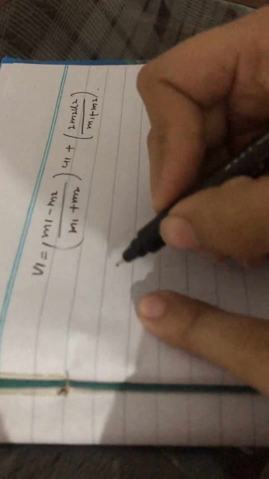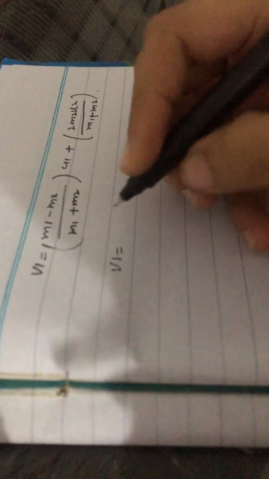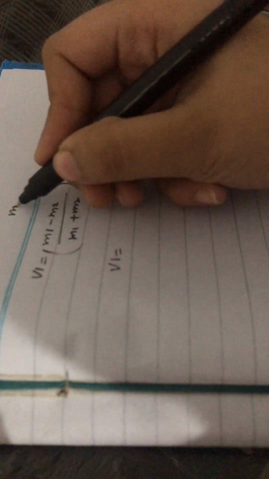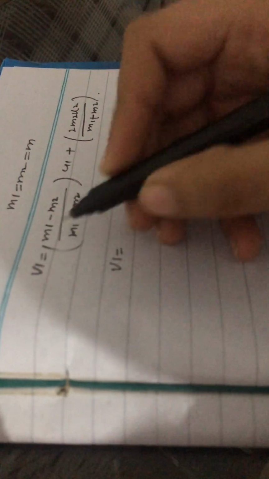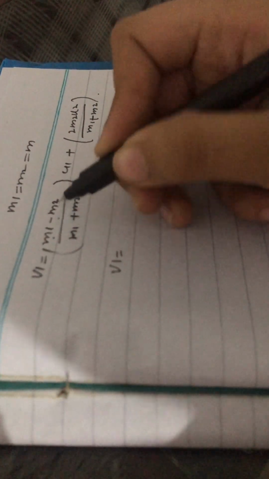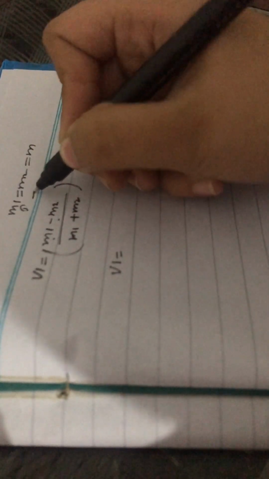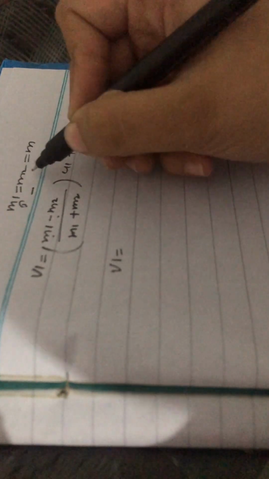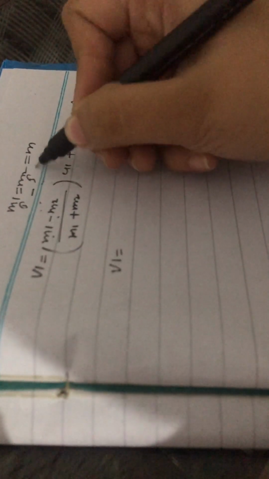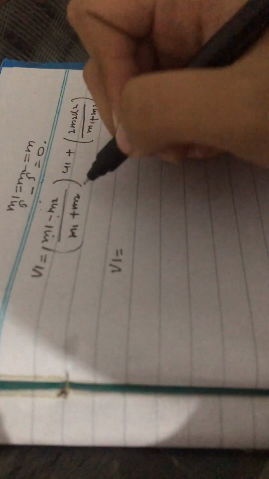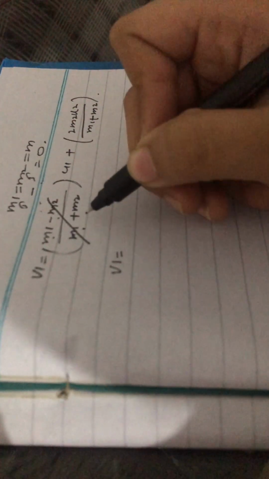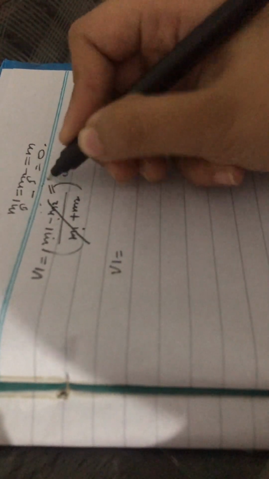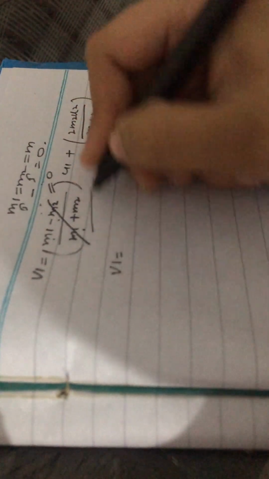Now, as I said, m1 is equal to m2, which is equal to m. Suppose m1 is 5 kg and m2 is also 5 kg. Then m1 minus m2 is 0, and since both are equal, this whole term will be 0, because the denominator is m1 plus m2.